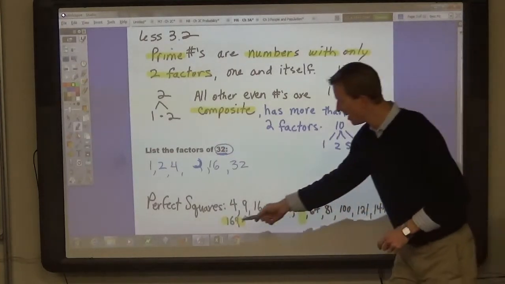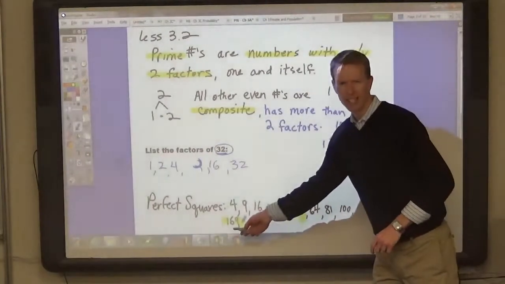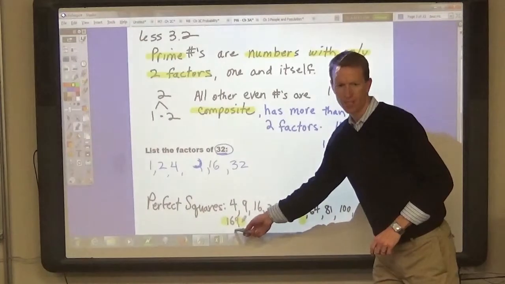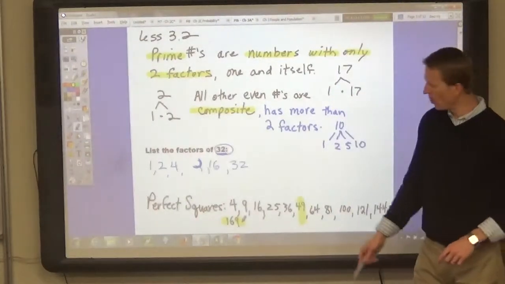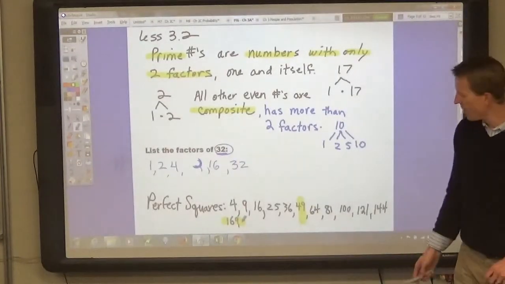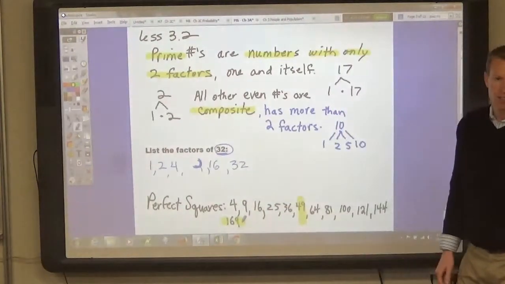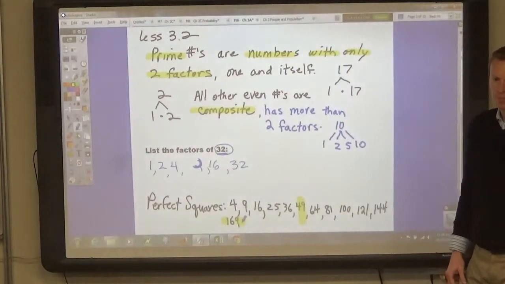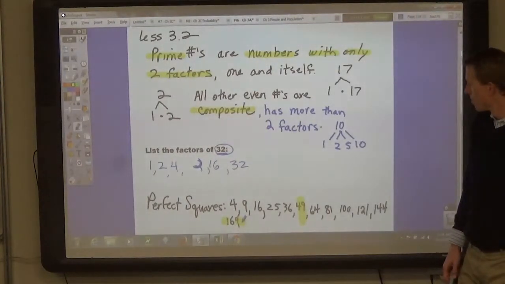If you checked all these, you might think 169 is divisible by 3. But is it? No. Is it divisible by 9? No. Even though it has a 6 and a 9 in it, you'd have to remember that this is a perfect square of 13 in order to find that factor. What other one? There's one more. 4, 9, 25, 121.